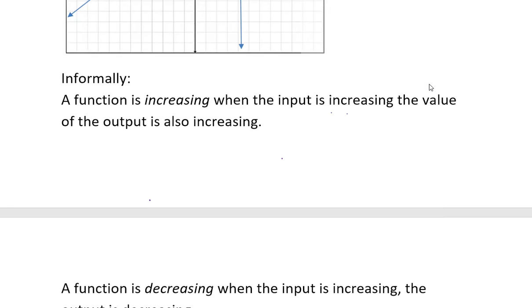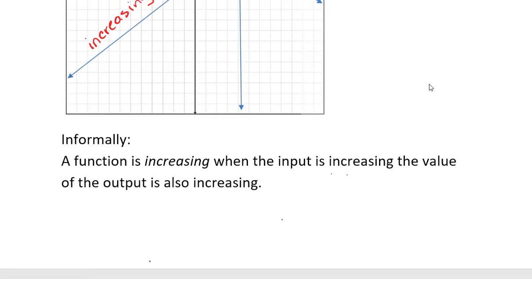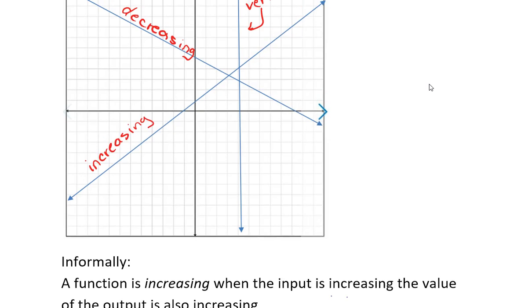So informally, a function is increasing when the input is increasing and the value of the output is also increasing. So if you take a look here, going back to our picture, our graph, you can see as my x values increase, so my input is increasing, the value of the output is also increasing, right? So as I go along, these are all going to be higher values on my y-axis.